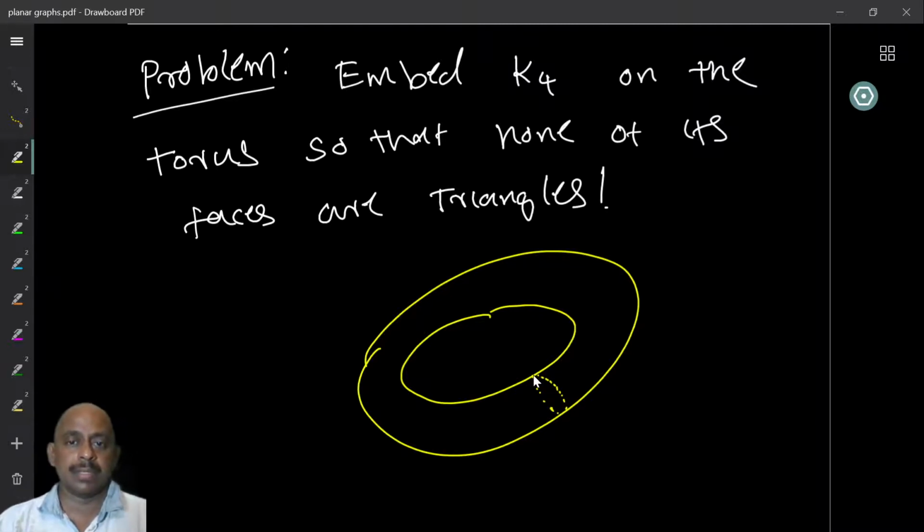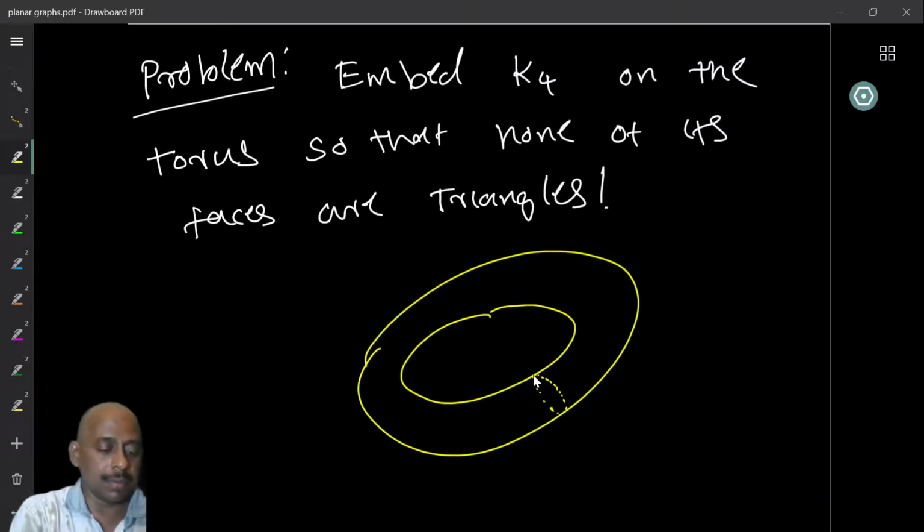So this is a drawing of a torus, just to show that this is basically a cylinder that is connected together at the endpoints, so that you get a medu vada shaped object, or a donut shaped object. So this is basically a surface with a genus more than the genus of the sphere.